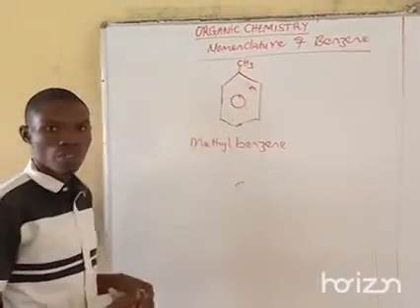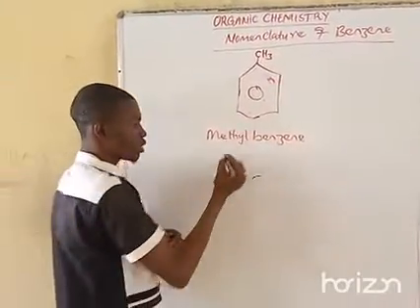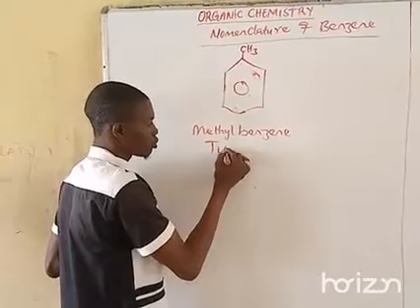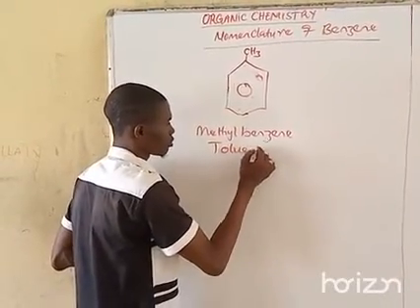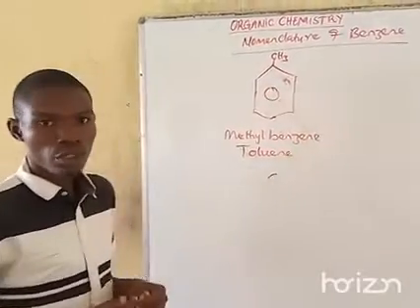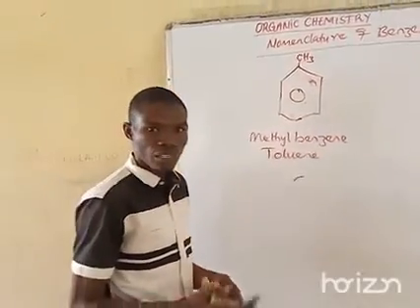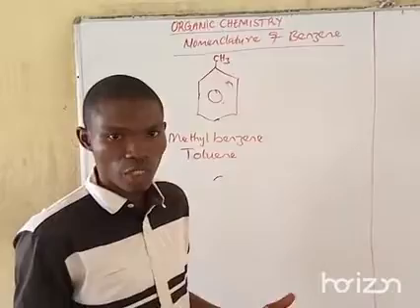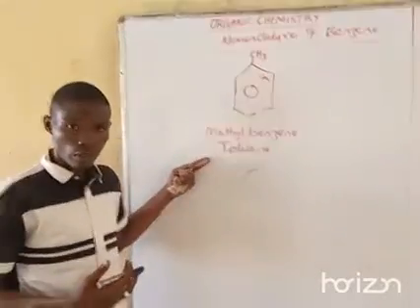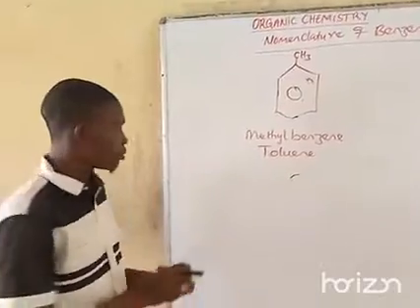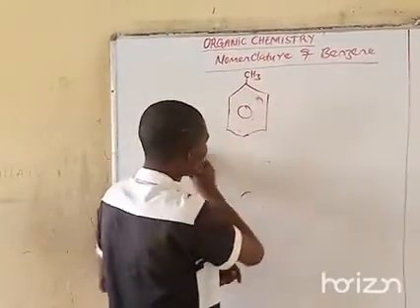It's called methyl benzene, or you use the trivial name called toluene. Some people pronounce it differently, so that one is your own problem, depending on the way you know how to pronounce it. So you call it methyl benzene, or you call it toluene. So that is one.